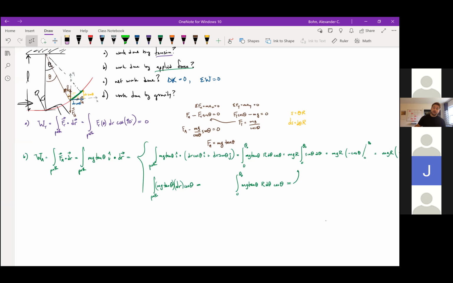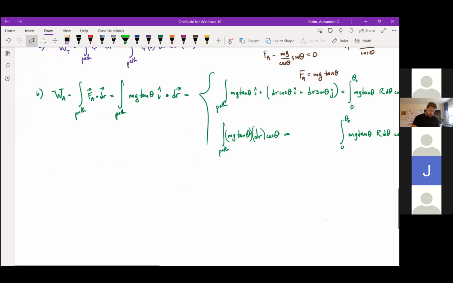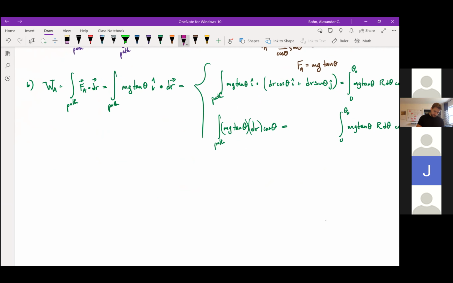There's one more part. Part D, the work done by gravity. Let's find it two ways. There are three forces that could possibly do work. But we have already said that the sum total of all of it has to be zero.